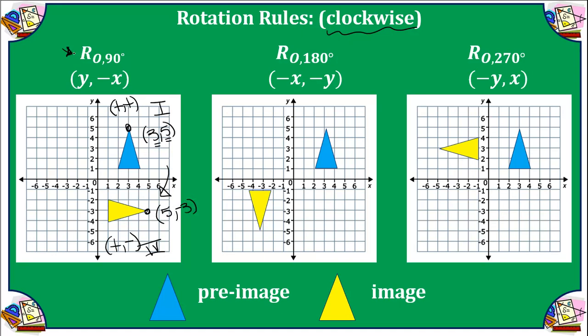So here is the rule for rotating about the origin, but we're going clockwise this time. So this rule is the same rule as counterclockwise 270. When we do a rotation about the origin going clockwise, we start in quadrant 1 here.